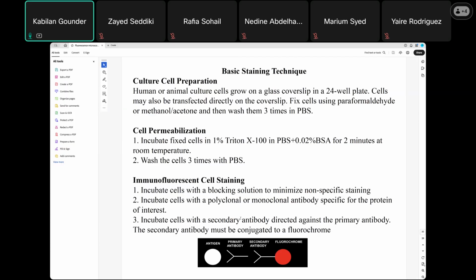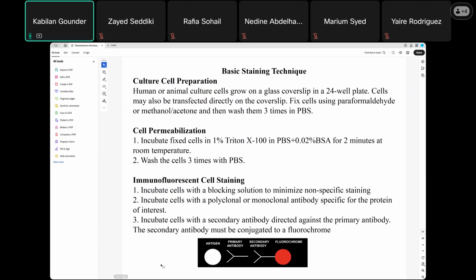Then incubate cells with the monoclonal or polyclonal antibodies specific for the protein of your interest. Then you can add the secondary antibody directed against the primary antibody, conjugated with the fluorophore.